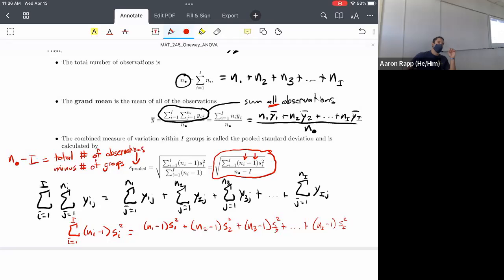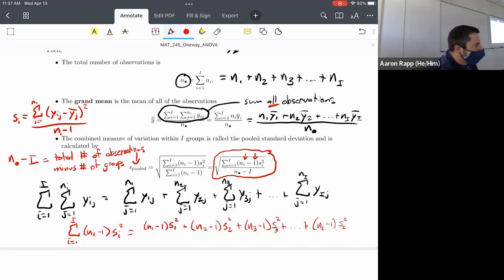Actually, wait, no. How do you calculate standard deviation? Standard deviation in general was the sum from all of your observations of how far it deviates from the mean squared, divided by n-1.